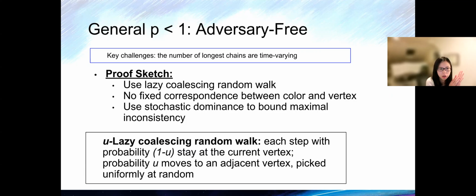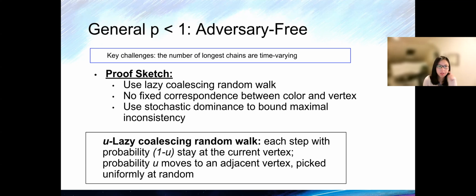Towards this, we introduce a new notion, which is a simple generalization of the coalescing random walk. It's called lazy random walk, defined as follows. In each round, with probability 1 over U, all the surviving particles stay at their current vertices, and with probability U, each vertex executes the standard coalescing random walk.